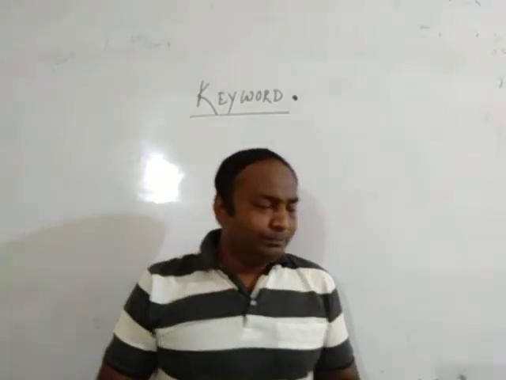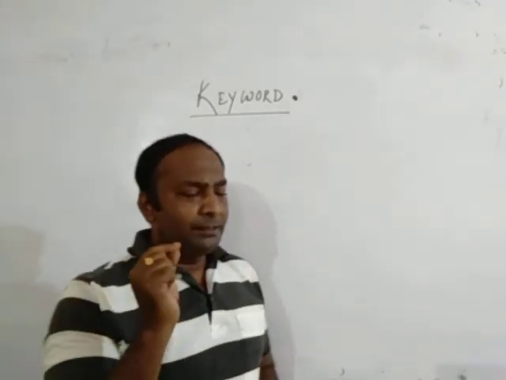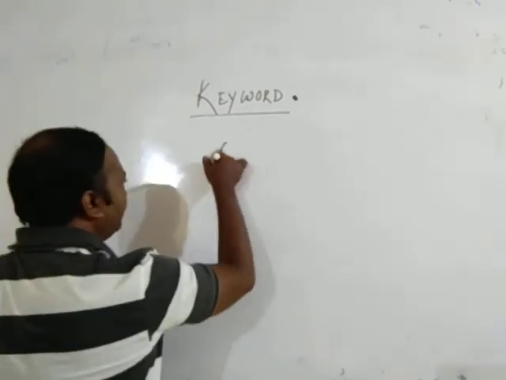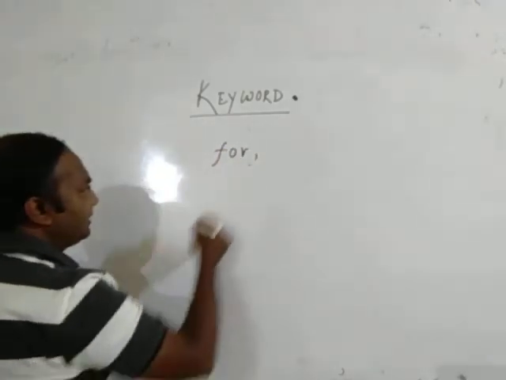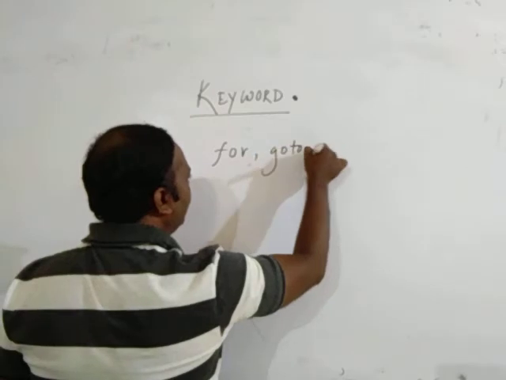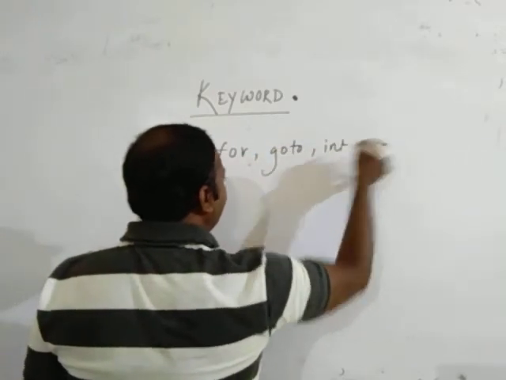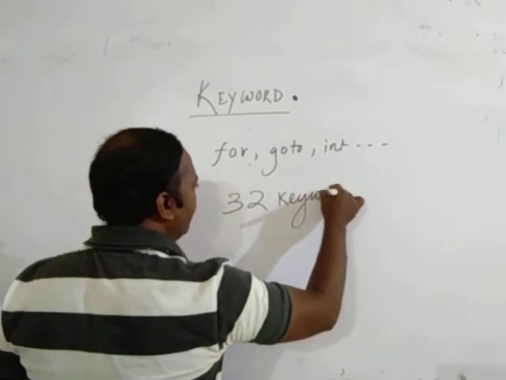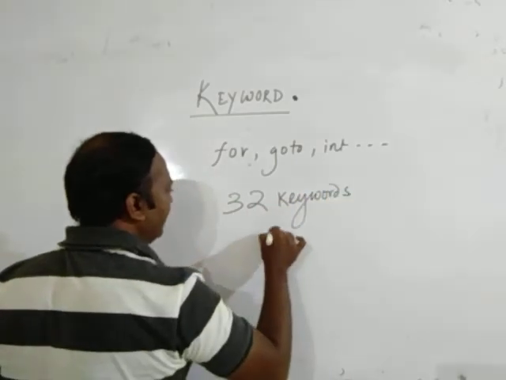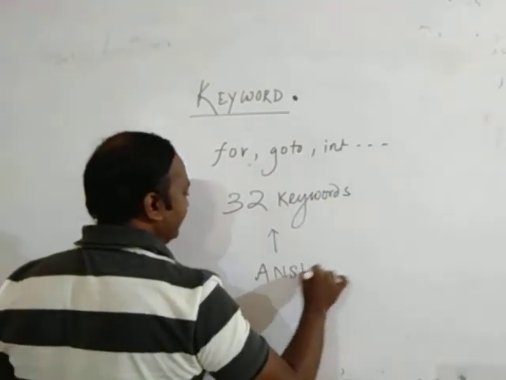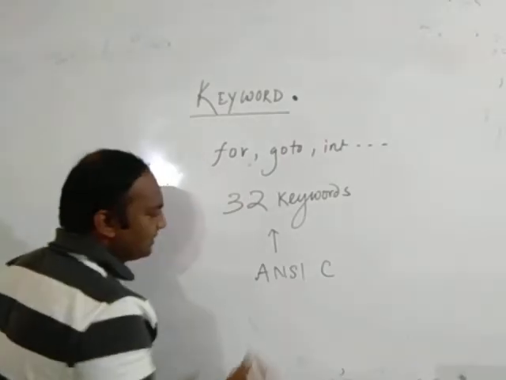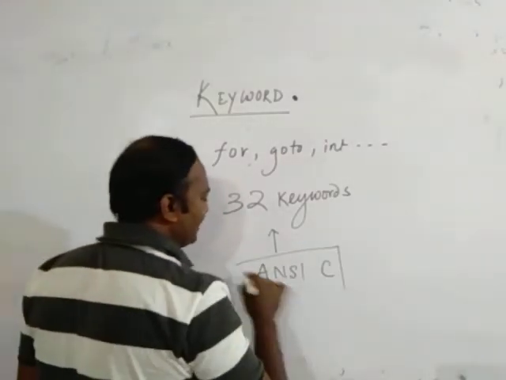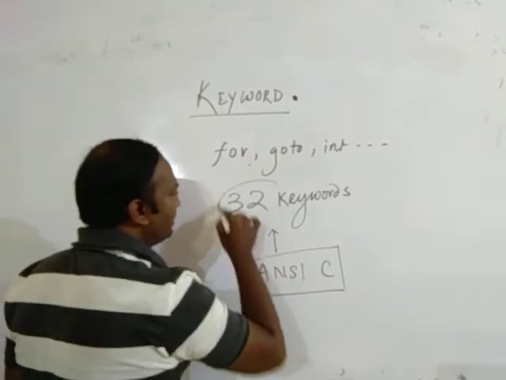There are different types of keywords, like for, int, goto. There are 32 keywords which are supported by ANSI-C. ANSI is the American National Standards Institute, and ANSI-C is the standard C.